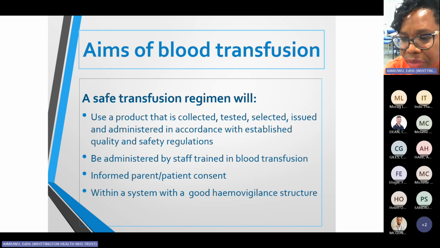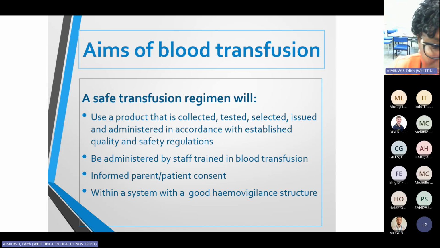I often would contact the lab that we have a newborn coming in for transfusion, thalassaemia, what do we need? And I often request all their requirements with the blood bank so that they can selectively give me the appropriate blood to meet the quality and safety regulations that have been established.